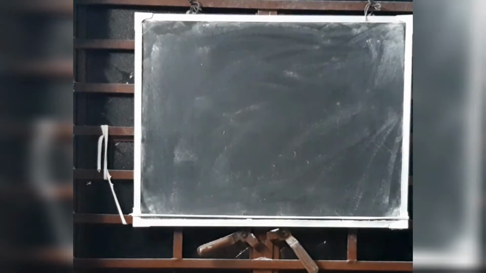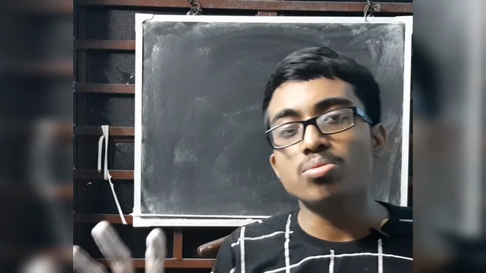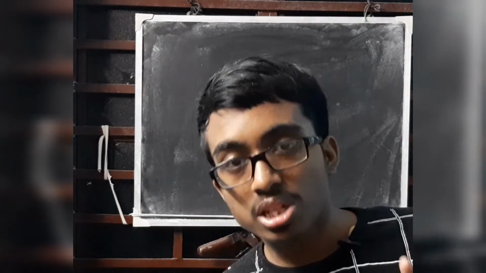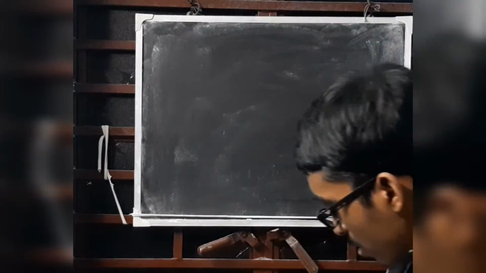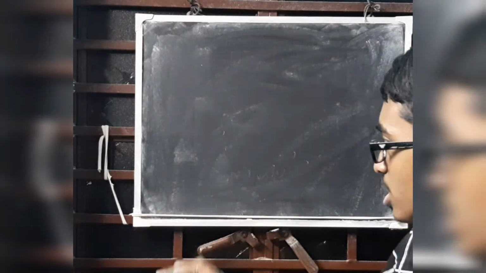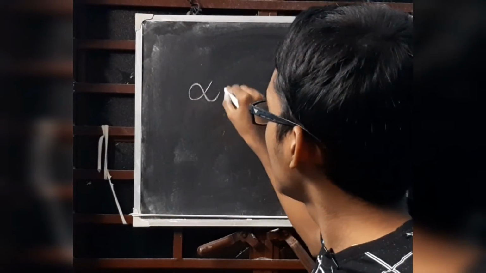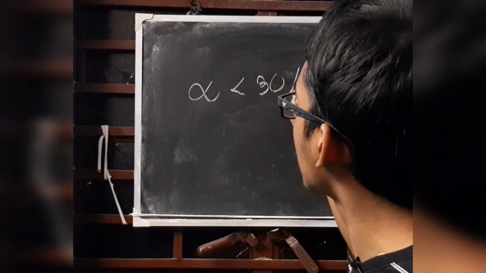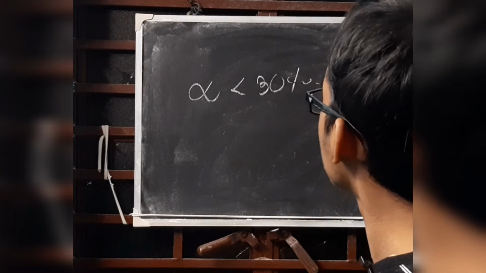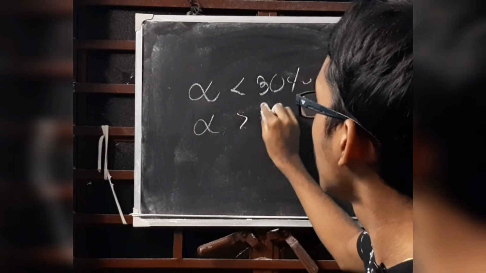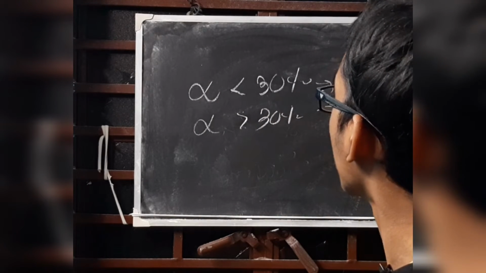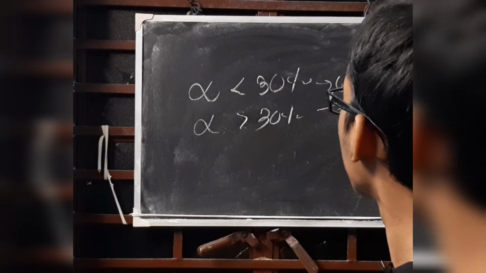Okay. When do we consider an acid to be a weak acid? When the degree of dissociation is less than 30%. Dissociation is not in the syllabus right now, but I am just saying. Degree of dissociation less than 30%, the acid is weak. Degree of dissociation greater than 30%, the acid is strong.